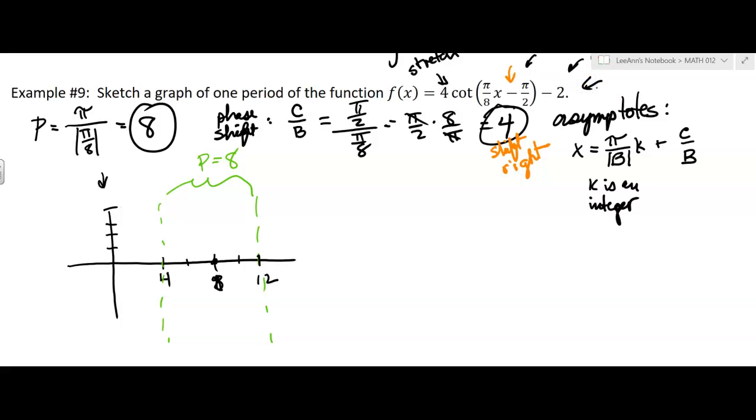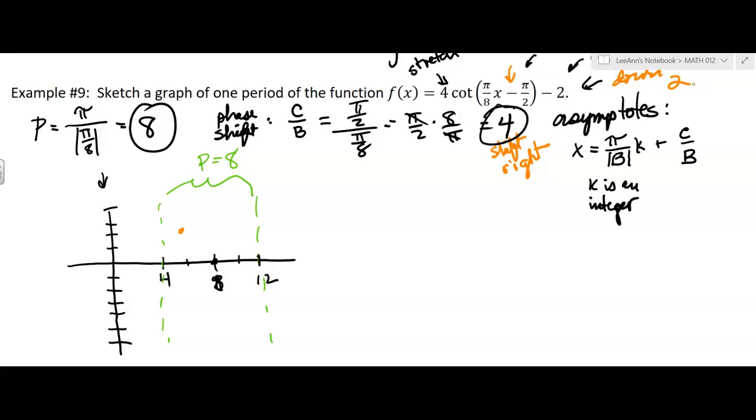Okay, well, that's okay. 1, 2, 3, 4, but it shifts down 2, so 5, 6. Okay, that will work for us. So normally we would be at 1, but we would go up to 4 for the stretch factor, but then back down 2 because it's going to shift down 2.